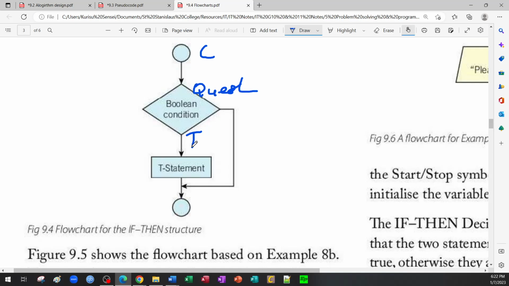If the question is true, we come down this way, because notice it says T statement. T statements refer to true statement. So here is going to be false. So remember, one side is always true, the other side is always false. So this is the general structure here.